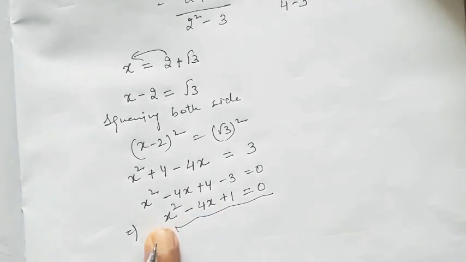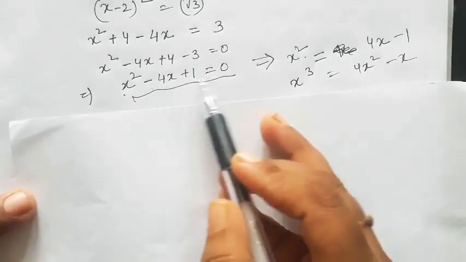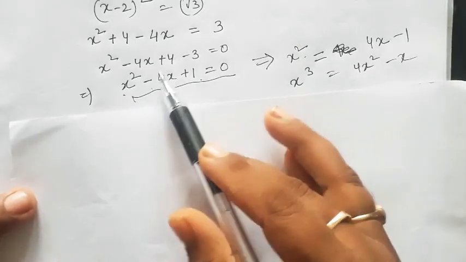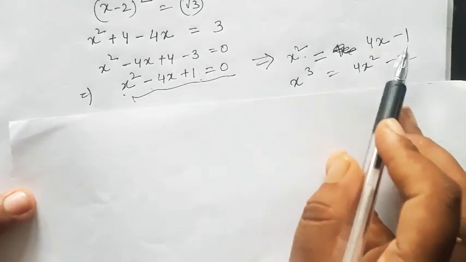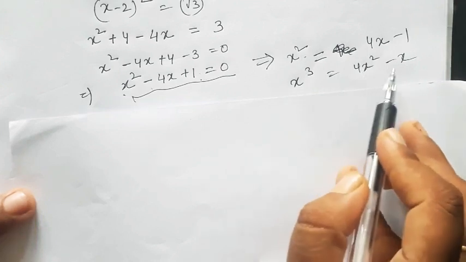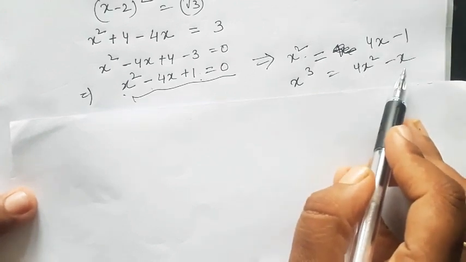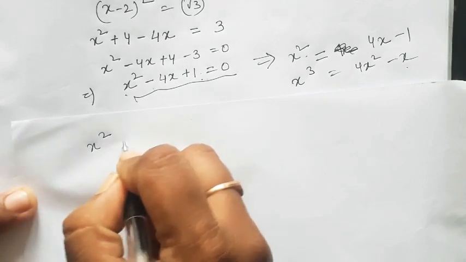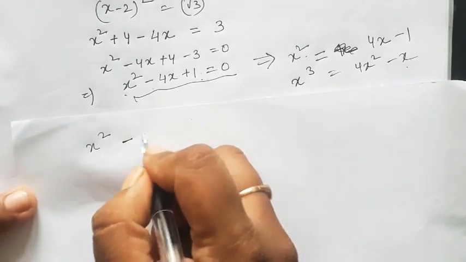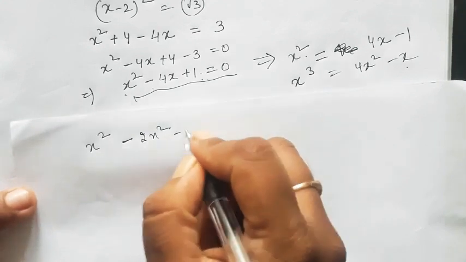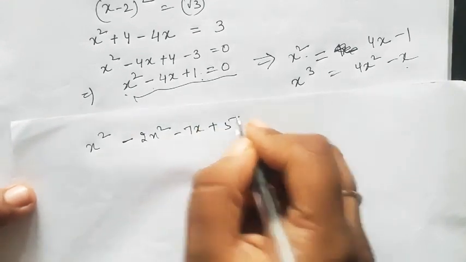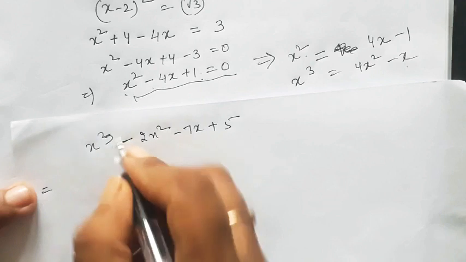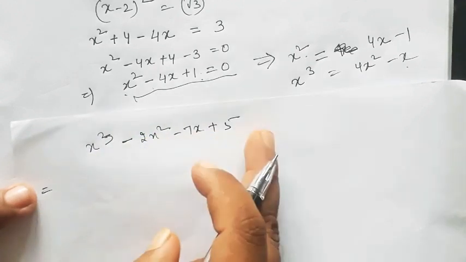Now here you can get some values: x square is equal to 4x minus 1, and x cube is equal to 4x square minus x. Now let's come to the question, what they asked us to find: x cube minus 2x square minus 7x plus 5.